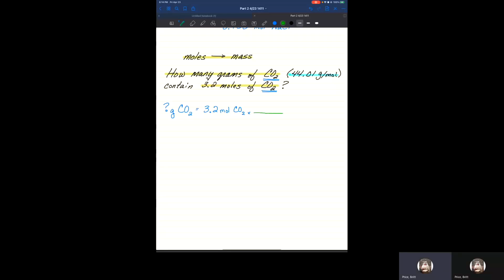At the very minimum, with the molar mass, 1 mole CO2, 44.01 grams. As soon as we bring in chemical reactions, then we're going to have an issue. Plugging and chugging, I end up with 140.832 grams, making it look pretty, 140 grams.